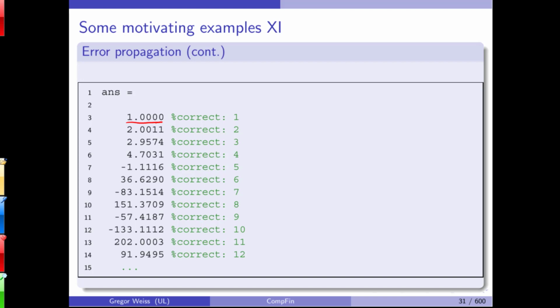So it's not exactly 1. 2.0011, well, slightly off. 2.9574, not even close. And if you go down, line 13, the correct result would be 11, and MATLAB gives you the result 202. By far not the result we are looking for.